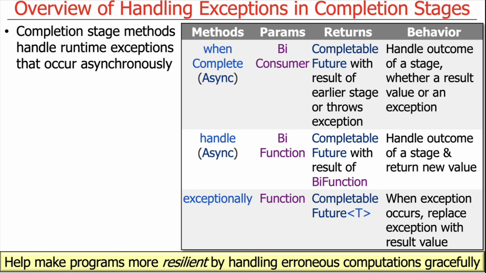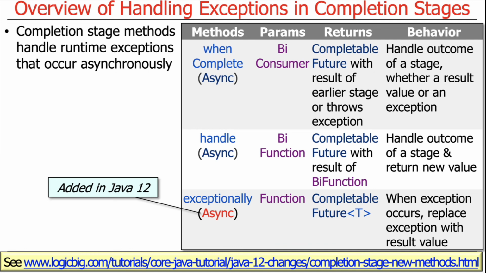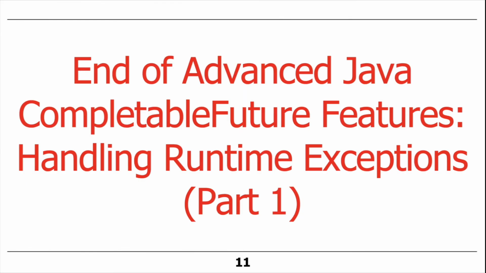That's a different path through the code. Java 12 added the exceptionallyAsync method just because they wanted to be consistent. So that's the end of the quick overview of the Java CompletableFuture features that deal with runtime exceptions.